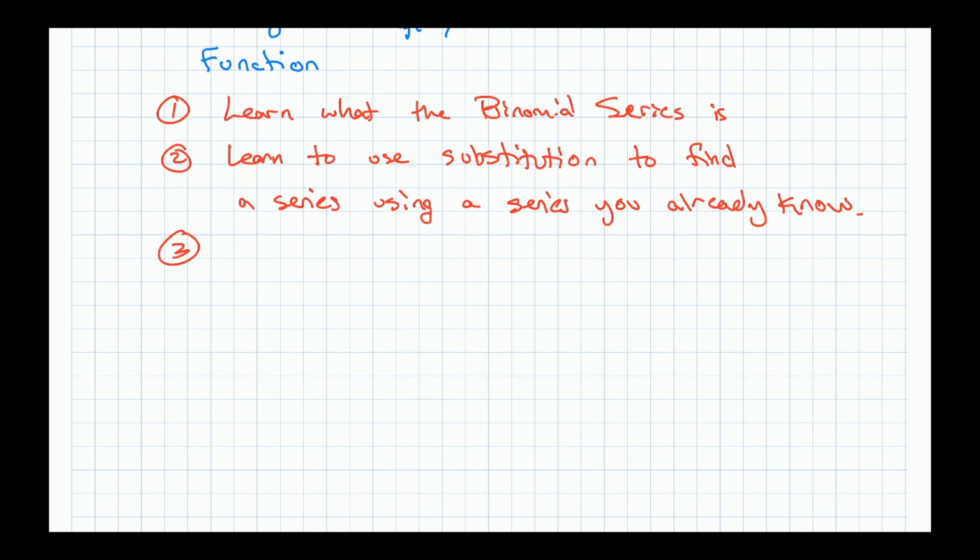Actually, before that, this is out of order, we're going to look at some common Maclaurin series for common functions that you'll see a lot.